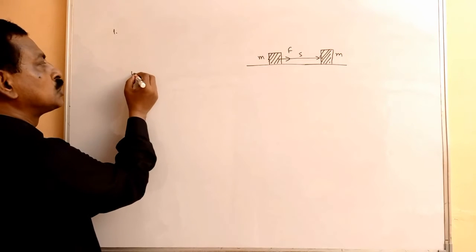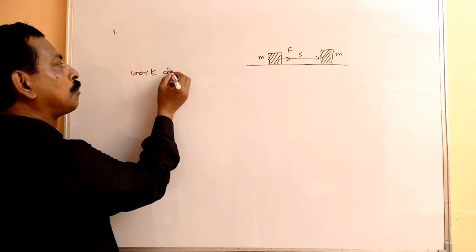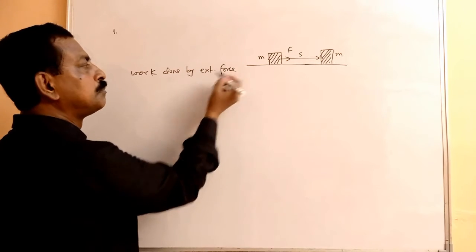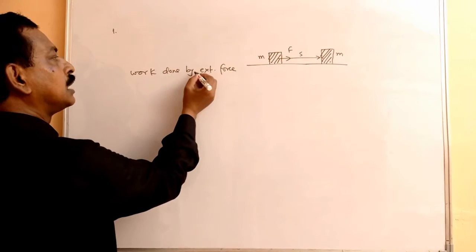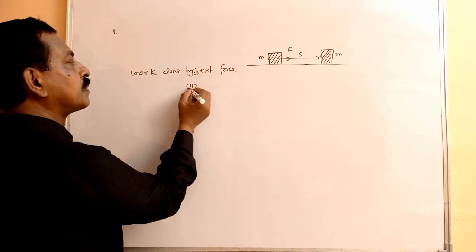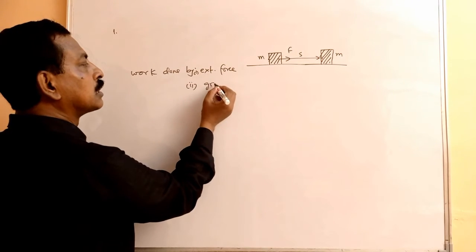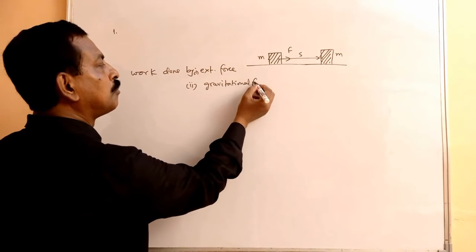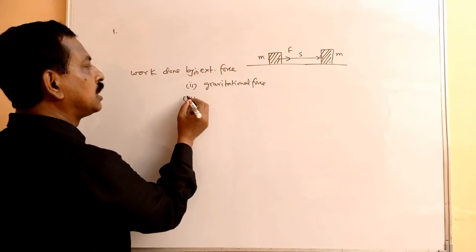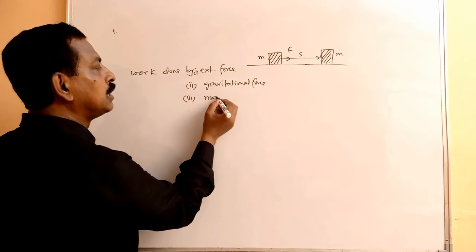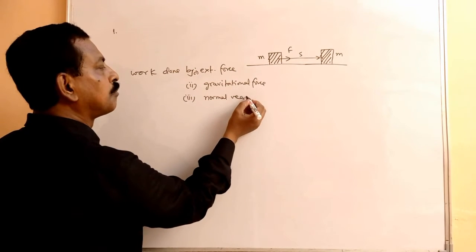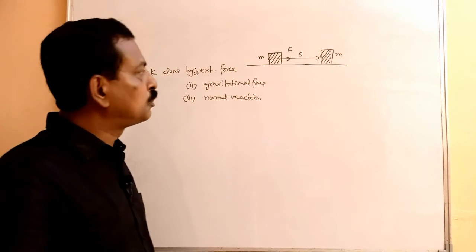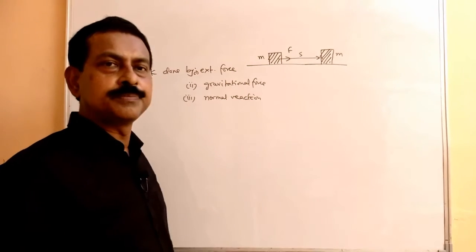You have to find, suppose, the work done by external force. Another one is the work done by gravitational force. And third, we are taking the work done by normal reaction. So you have to find the work done in these cases.